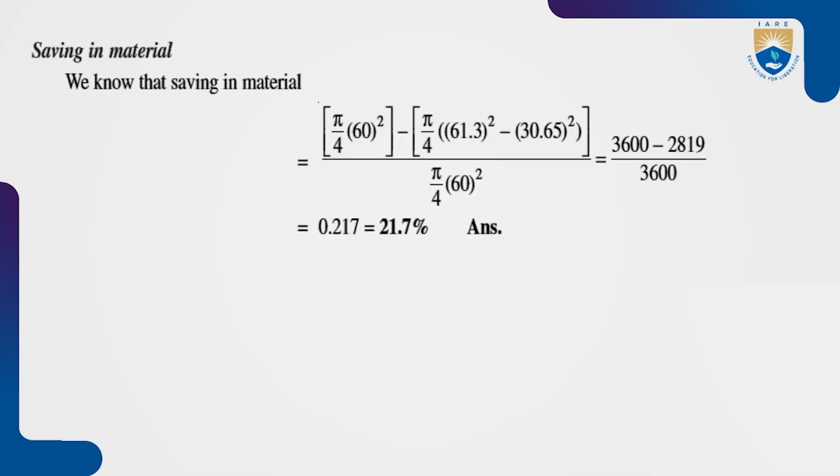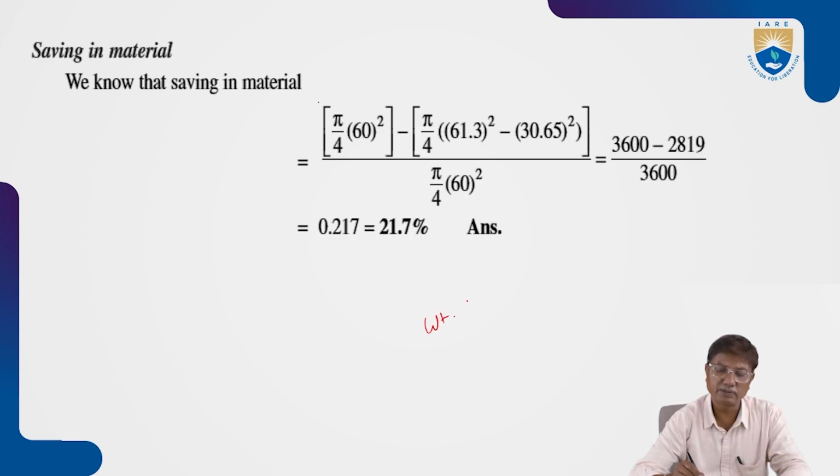Okay, and the saving in material. How will you find the saving in material? Saving in material is based on the weight of the hollow shaft divided by the weight of the solid shaft. Weight is unit weight multiplied by volume, isn't it?